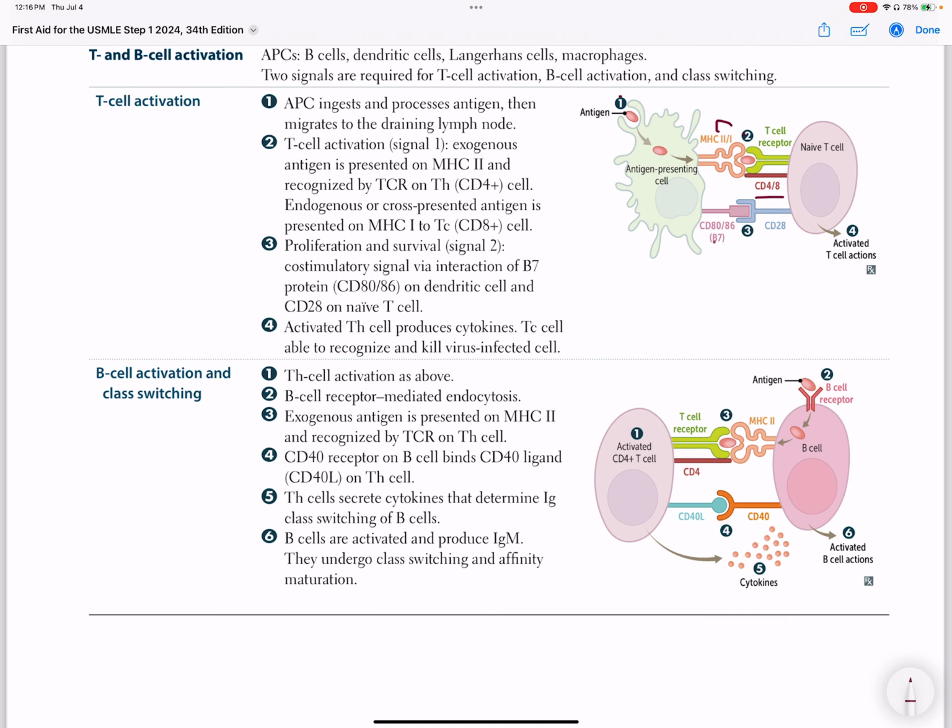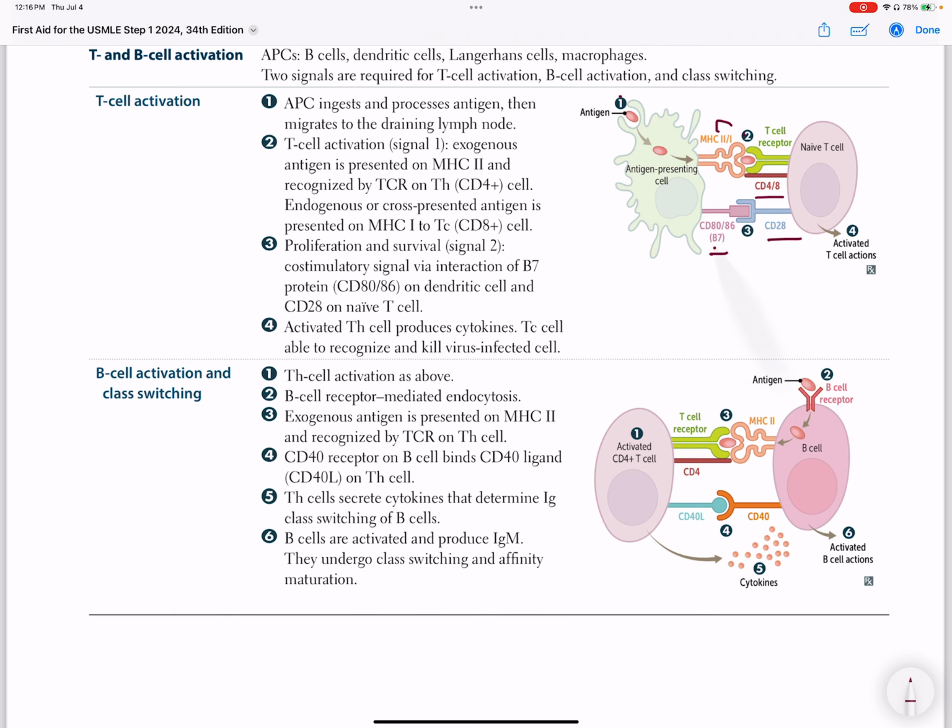The third step is proliferation and survival, where you have the co-stimulatory signal via the interaction of B7, that is the CD80/86 protein on a dendritic cell, and CD28 on the naive T cell.